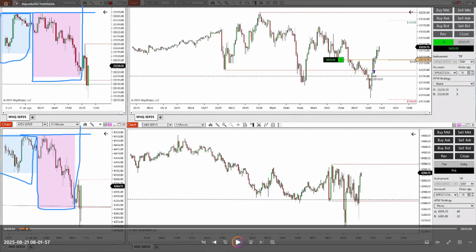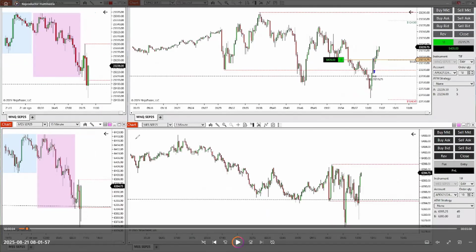So I'm looking for manipulation below London for a move higher. If price manages to close above those equal highs today, tomorrow's going to be a banger. But anyways, my bias was long for the day, and I was looking for longs and only longs, man.